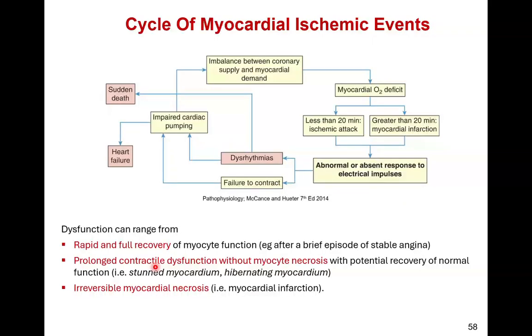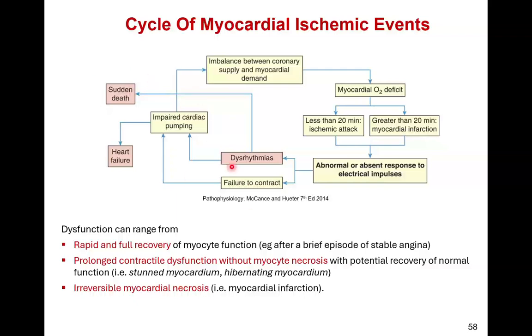Right. So I've just stuck this in here and what I want you to take away from this slide is what can happen as a result of ischemic events. Again, ischemia, a reduction in blood flow and therefore a reduction in the supply of oxygenated blood. Usually what happens as a result of an ischemic event depends on the length of the attack. Right? So if it's less than 20 minutes or greater than 20 minutes, you might have effects on the electrical conduction system that lead to dysrhythmia, which can precipitate sudden death.